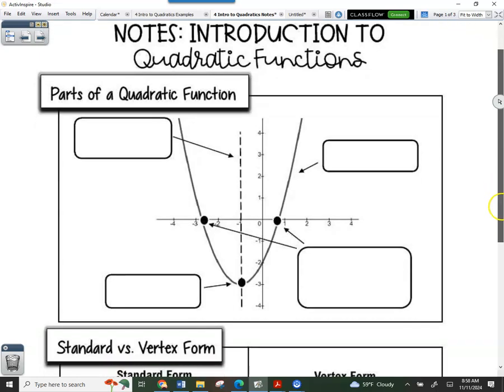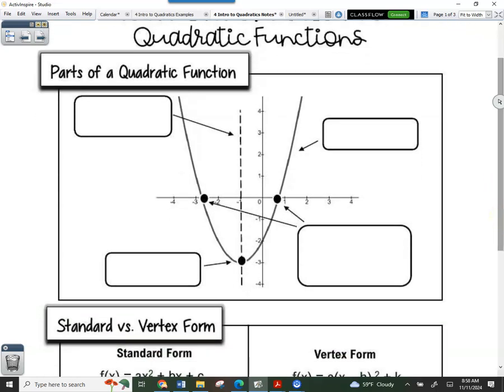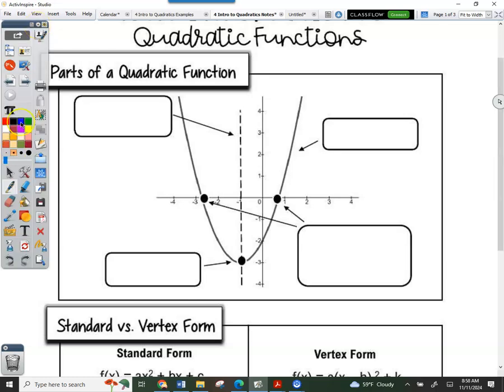So first, before we start actually graphing them, let's talk about the different characteristics of quadratics. First, you see this curve? I'll change colors and try to highlight it. You see this? Nice curve right through here.